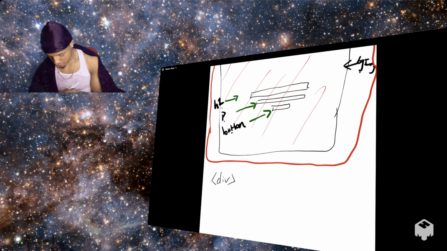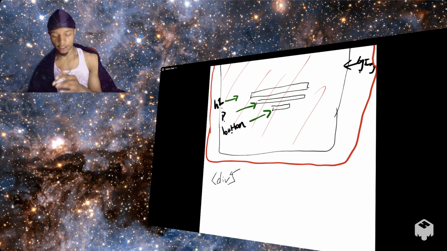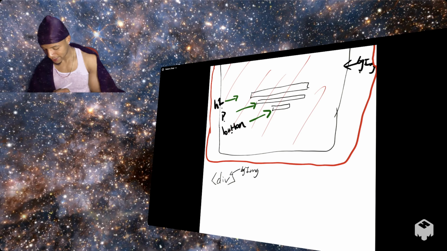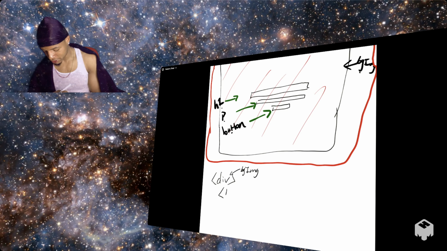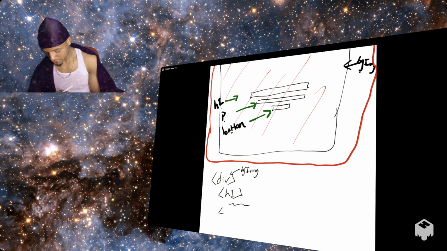The background image will be attached to this div. The div will be the container, so you have to attach the background image to that container, and then inside that container you'll have the H1, and then you'll have the text for the H1.